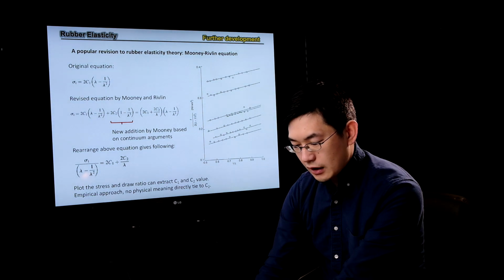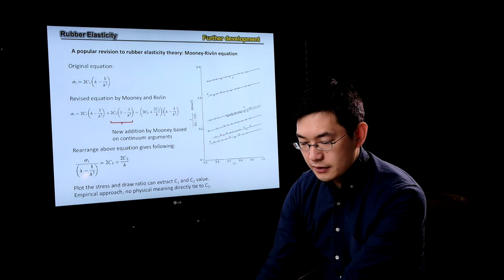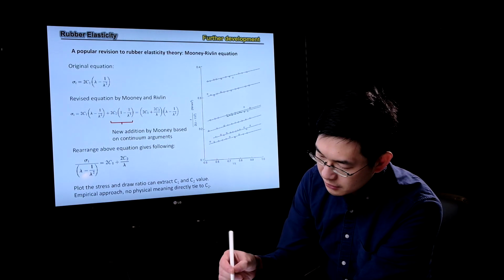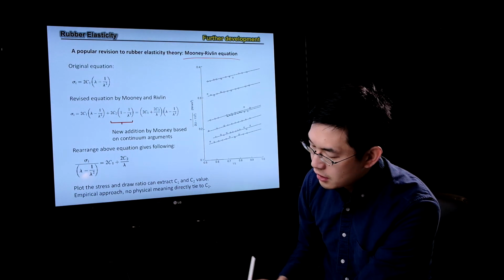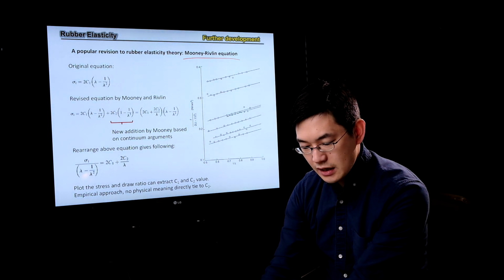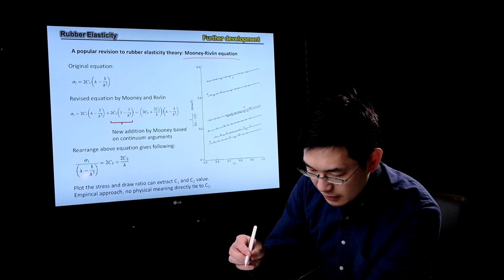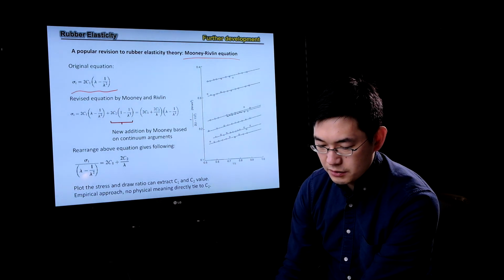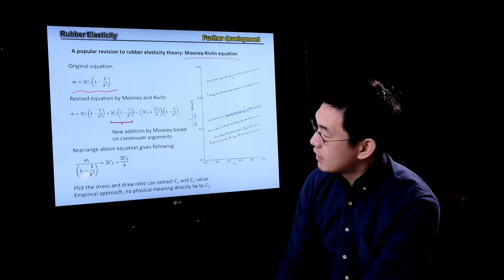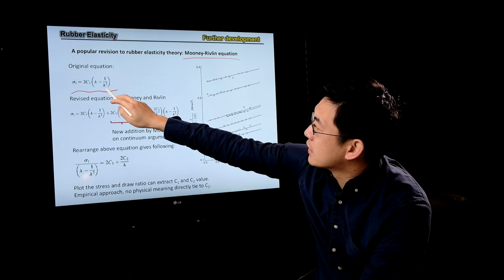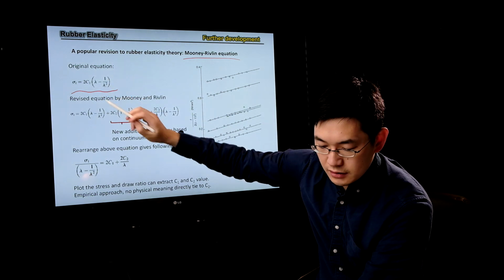So combining everything together, a most popular rubber elasticity theory modification is called the Mooney-Rivlin equation. What this does is, this is the original term where we get stress is dependent on a constant prefactor and lambda minus 1 divided by lambda squared.